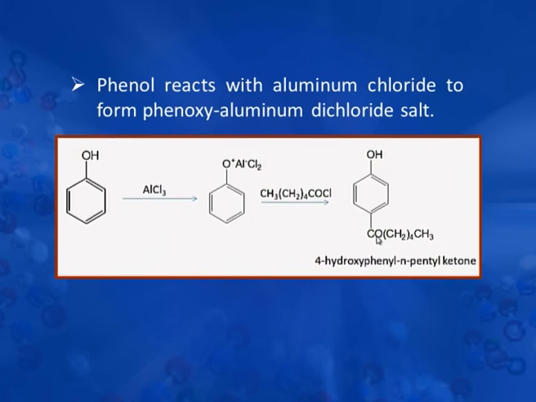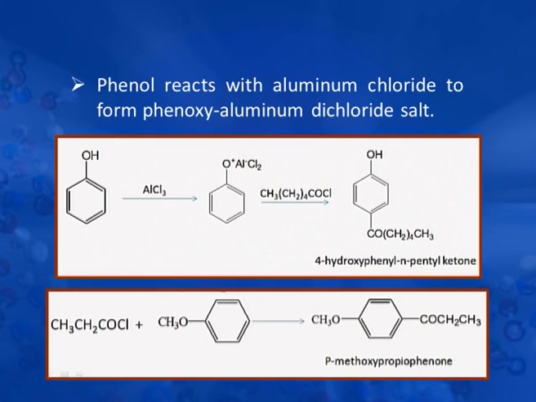A ketone is generated starting from phenol. Also, the same kind of preparation can be done by starting with protected phenol. First, phenol is converted into its methyl ether by treatment with dimethyl sulfate, and then it is treated with propanoyl chloride. As a result, there is formation of this methoxy ketone.